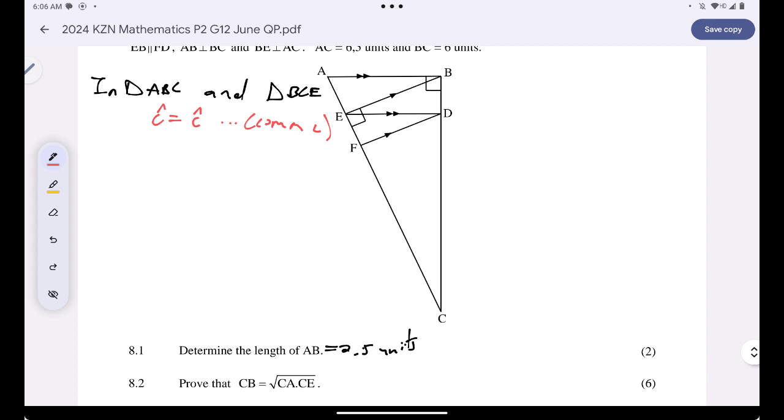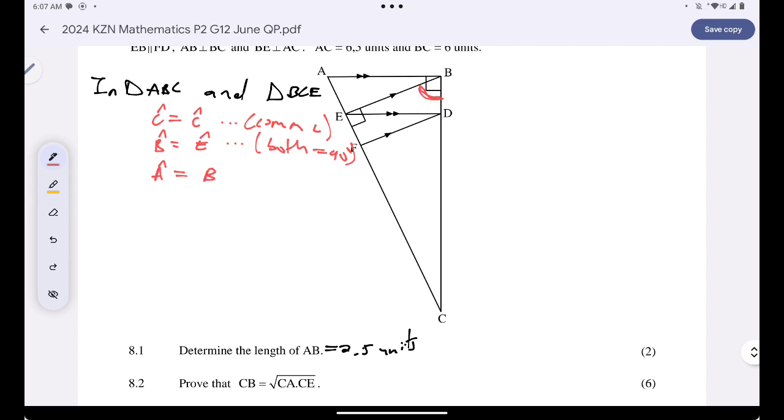Angle C is a common angle, right? What else do I know? I know that angle B from the other triangle is equal to angle E. Why? Both of them are equal to 90 degrees. So that will make angle A equal to angle B of the other triangle, this one.